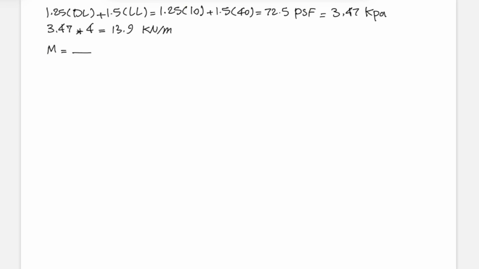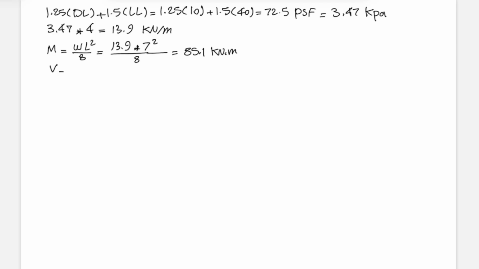Now we have to calculate the maximum bending moment and shear. Maximum bending moment equals W times L squared divided by 8, which equals 13.9 kilonewtons per meter linear load multiplied by 7 squared divided by 8. That gives 85.1 kilonewton meters maximum moment.